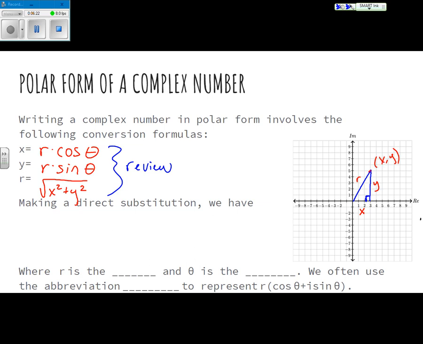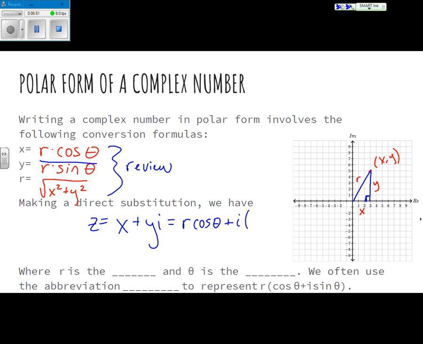So now what I'm going to have is z equals, let me use x on this, since that's what I used up there, x plus yi. Now if I do some substitution on this, I'm going to get that my x is equal to r cosine theta, and then I'm going to move my i up here in front.